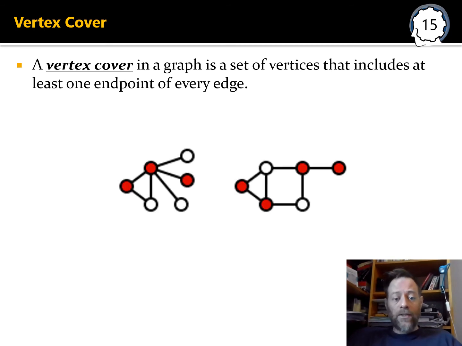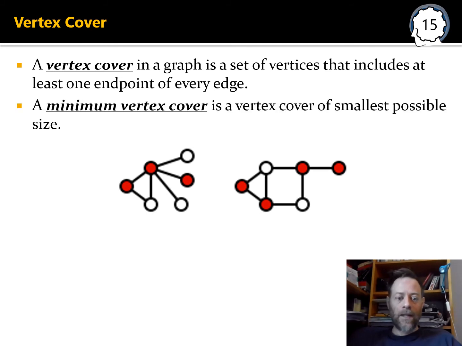Here we have 2 examples of vertex covers. On the left, we have 3 of the 6 vertices, and on the right, we have 4 out of the 6 vertices. And now, of course, we might be interested in a minimum vertex cover, meaning that we want to find the smallest set of vertices that covers all these edges.